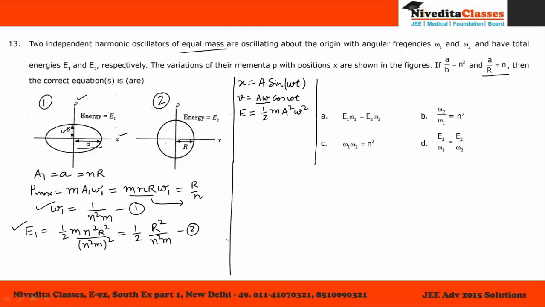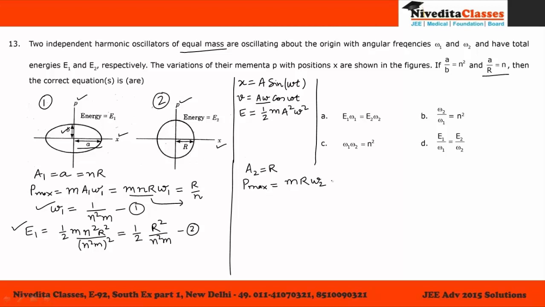Now let's take case 2. In case 2, we are given a circle, so the maximum amplitude of P and the maximum amplitude of X are both the same. So I can say that A2 is equal to R, and P max is mass into the velocity amplitude, that is m into A2, which is R, into omega 2.